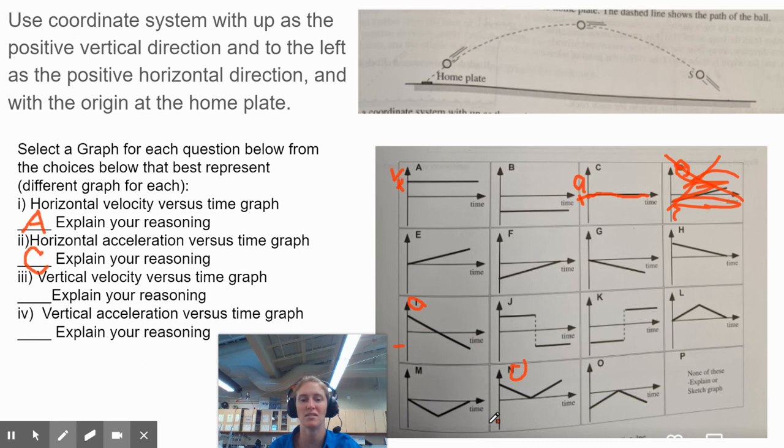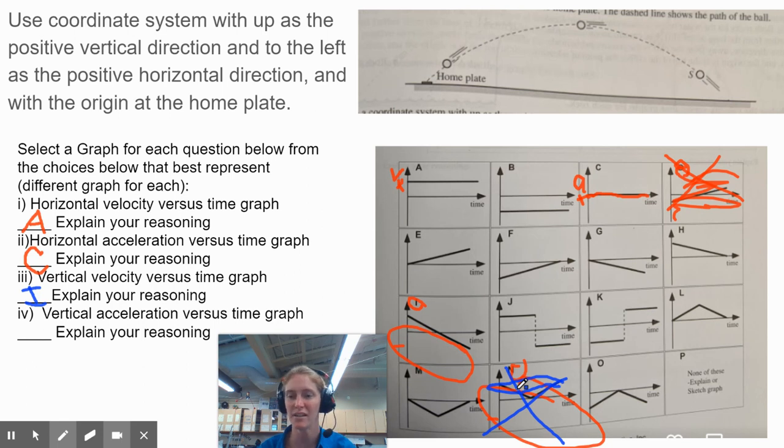Well, negative velocities live down here in the bottom part of the graph. So that means that there's no way that this one can be right because it ends up with a positive velocity. So here is my answer. So I will be my correct answer for 3. Are we good with that? Okay.